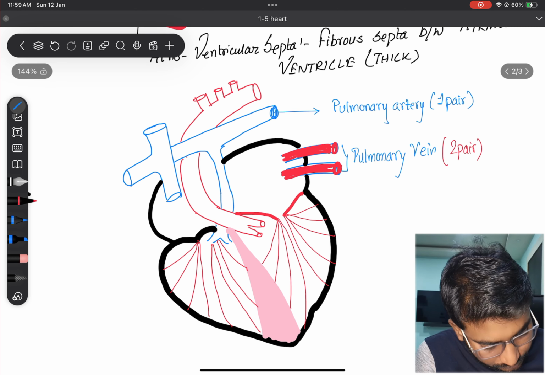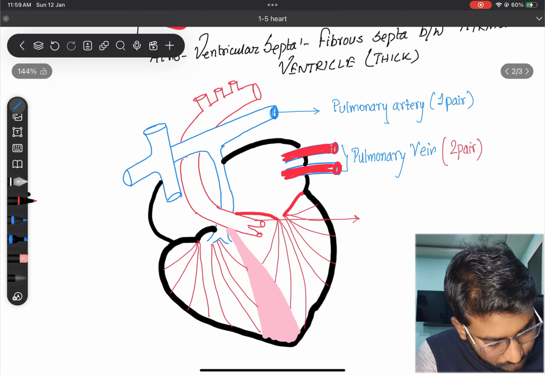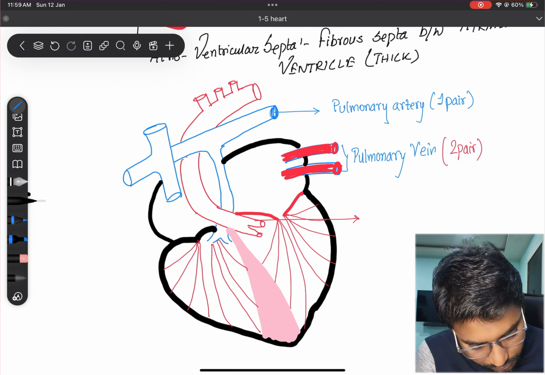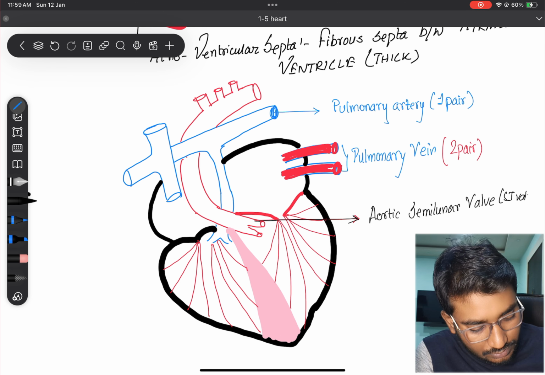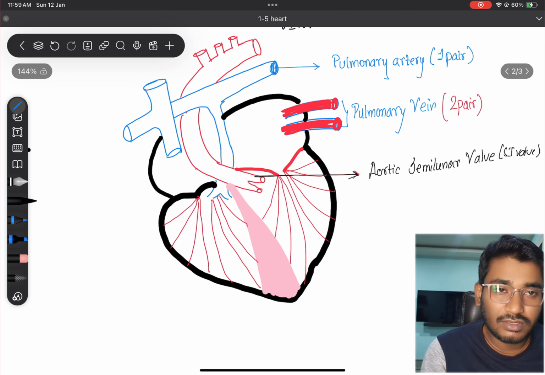This is called the aortic semilunar valve or SL valve. These are out of NCERT, but a question may come.